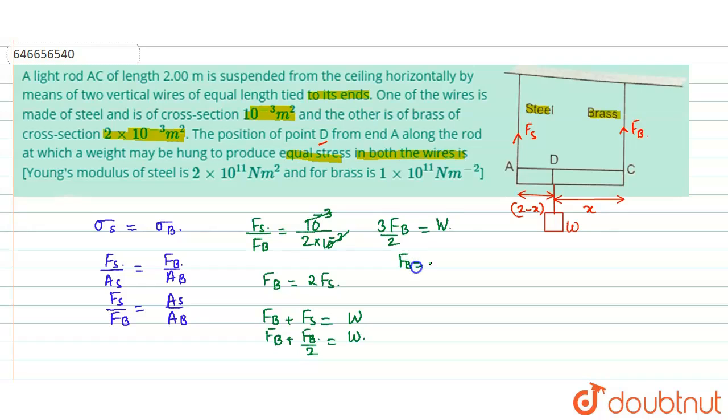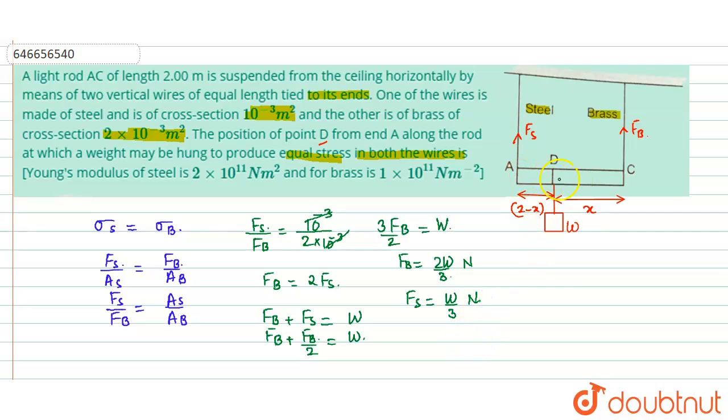The total force acting in the brass wire in terms of W is 2W divided by 3. Similarly, if you put it in this equation and find Fs, the force produced in the steel wire, it is W by 3, and the forces are in newtons.